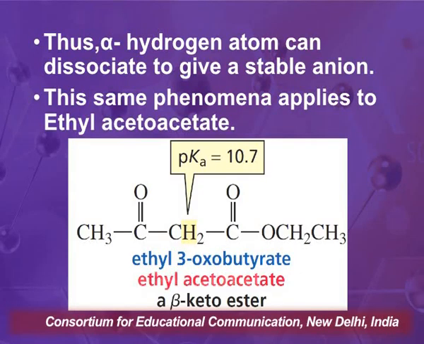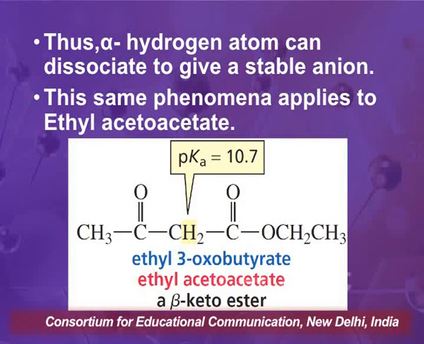Here also the alpha hydrogen atom, or the methylene group, is sandwiched between two electron withdrawing groups. One is an ester group and the other is an acetyl group. These two electron withdrawing groups will pull the electrons towards themselves because of the minus I effect.